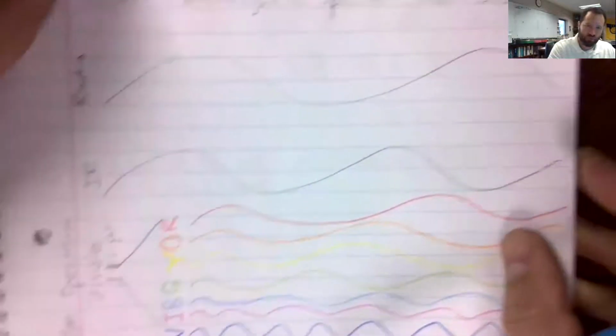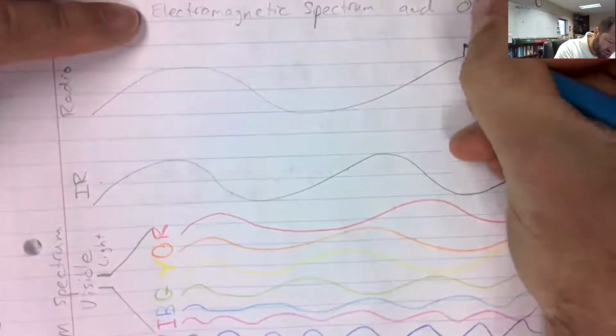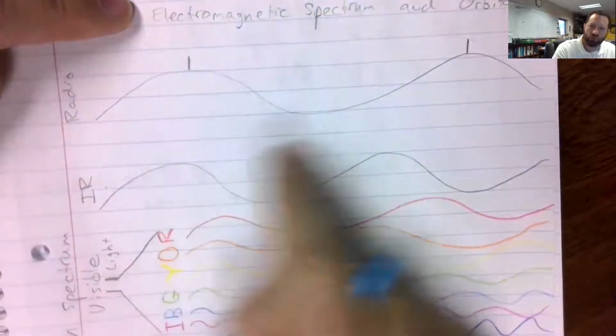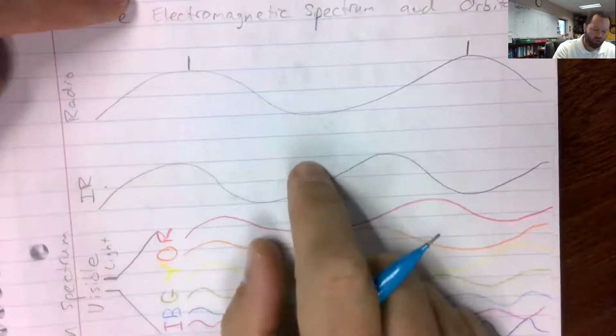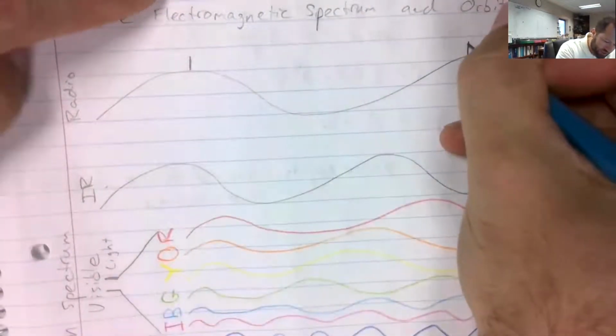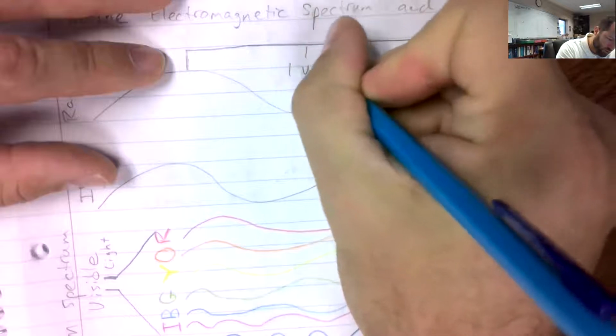Turn back to this page. We'll take a look at our radio waves. So they always say just be consistent with where you measure. So if you wanted to measure from valley to valley, you could. From start of the way up to start of the way up, you could. I usually go from peak to peak, but there is one wavelength. And that's symbolized as lambda.